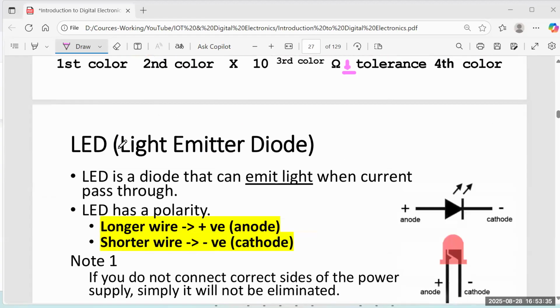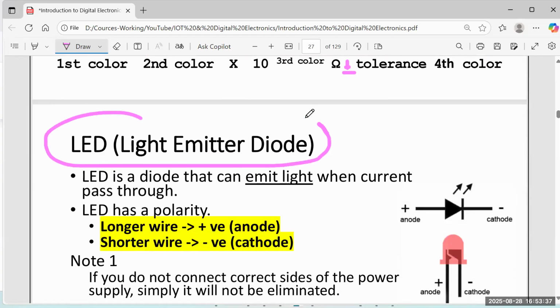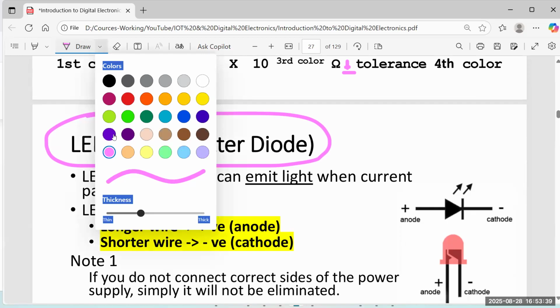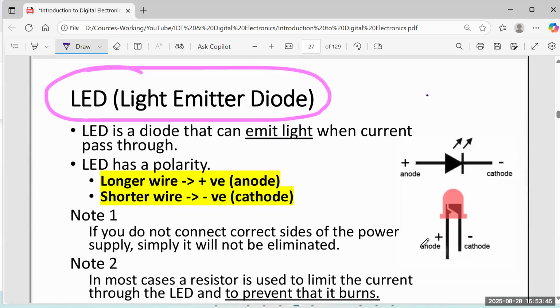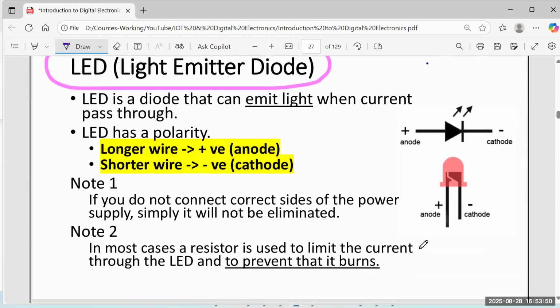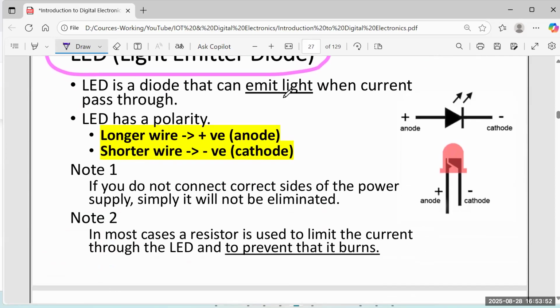So the second one is the LED, light emitting diode. Right. So that is a bulb, an LED bulb. Unlike resistors, you have a positive and negative side for diodes, LEDs. So you can identify the positive side when you look at the physical LED. This side is longer.